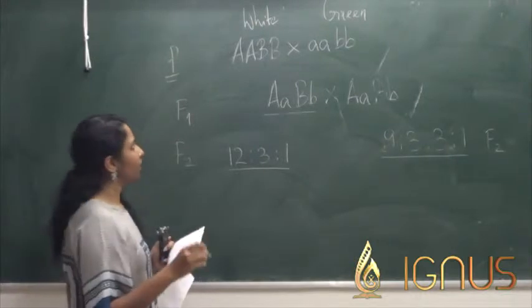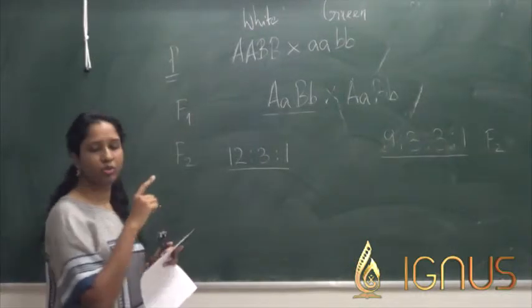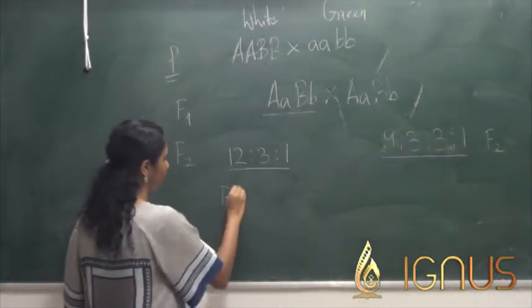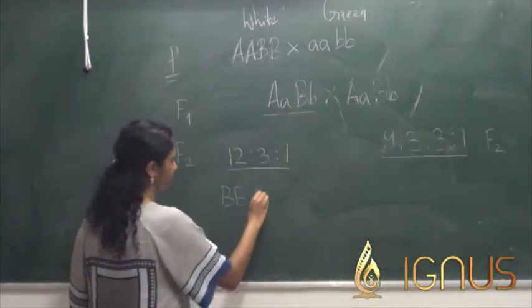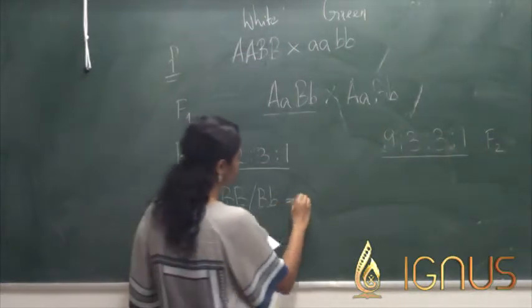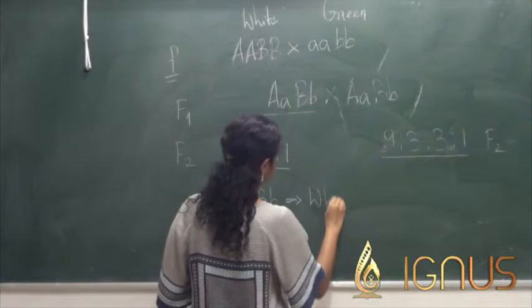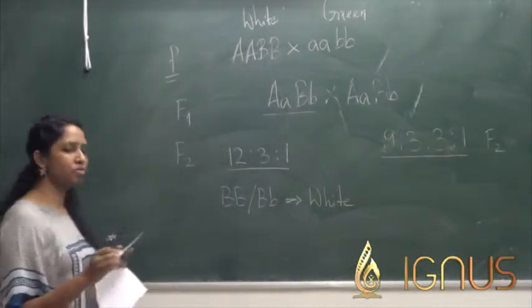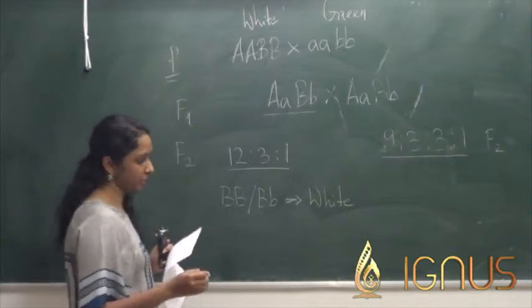All right. So going back, we know that whenever the B gene is in a homozygous dominant or heterozygous dominant condition, the color will be white. So what happens when the B gene is in a homozygous recessive condition?